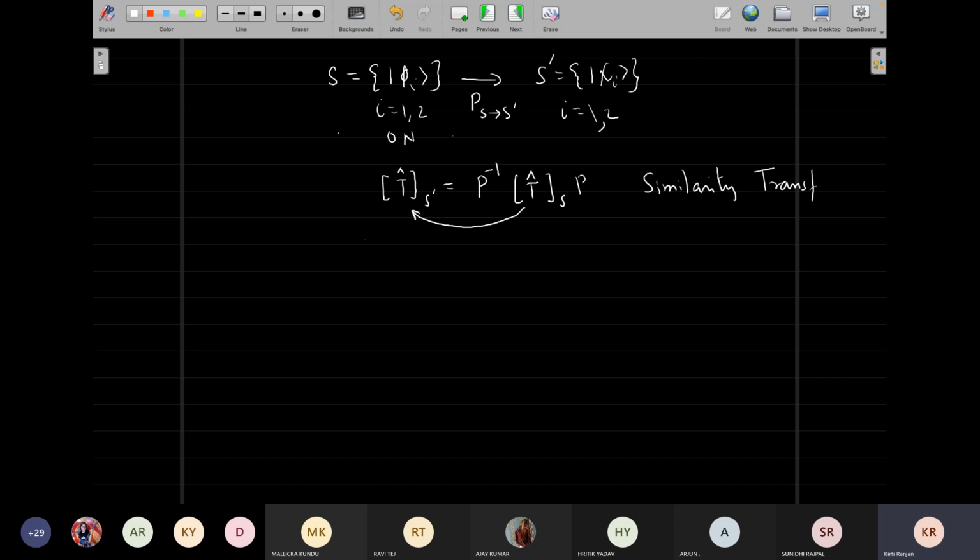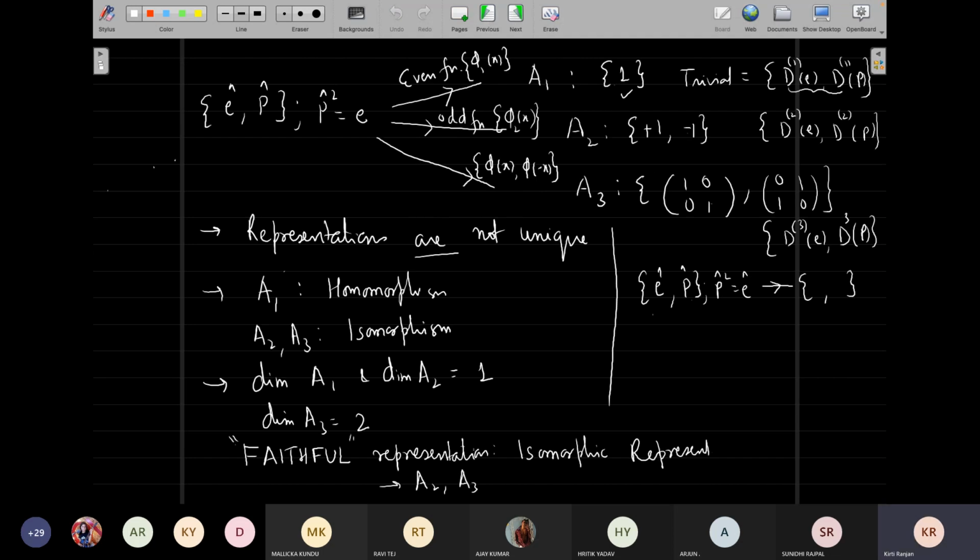We have already seen one representation in which the 2 matrices are the identity, 1 0 0 1, and the non-identity, the off-diagonal one, 0 1 1 0. So there can exist further representations with exactly 2 elements, both 2 by 2 matrices, using your similarity transformation. Let's see if we can build this similarity transformation in this case.